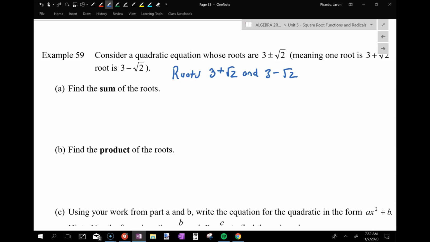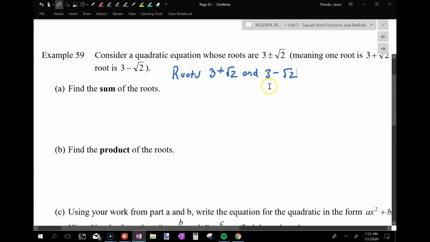Can you guys find the sum of these two roots? I hope so. 3 plus radical 2 plus 3 minus radical 2 gives me what? 6, because what happened to the radical 2's? They cancel out.